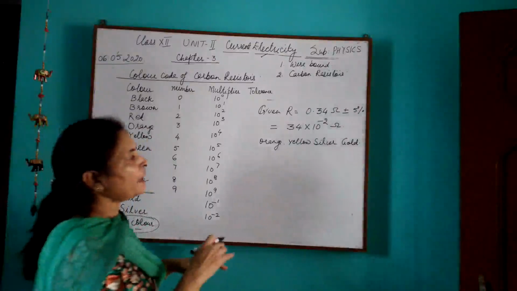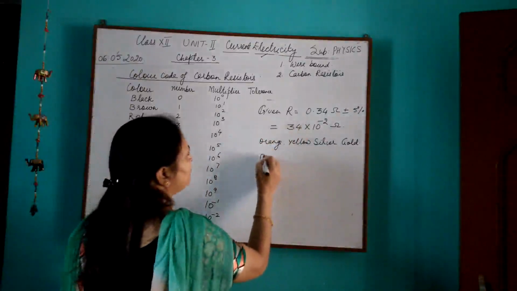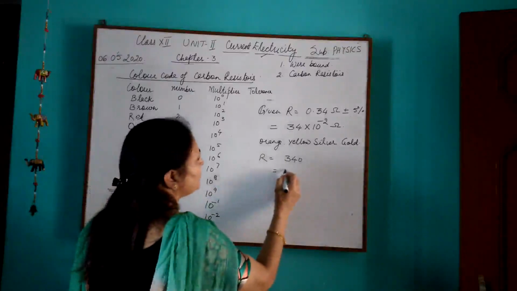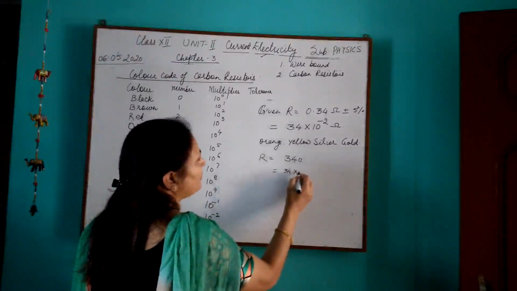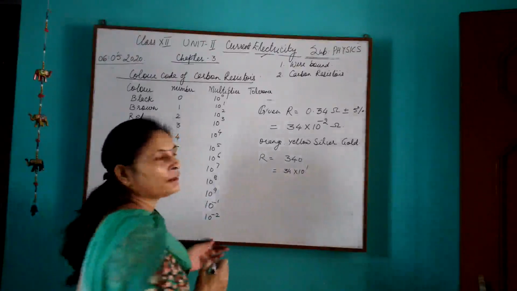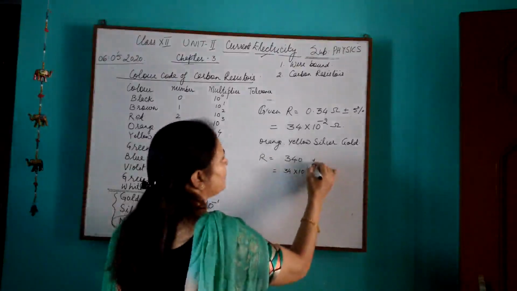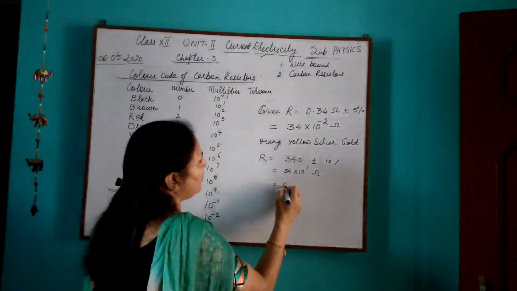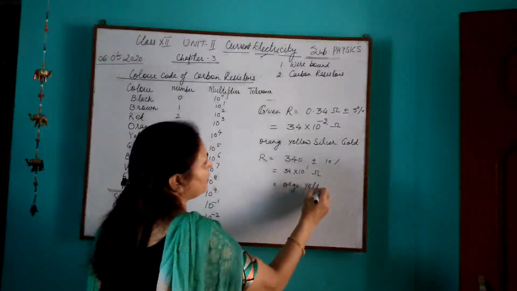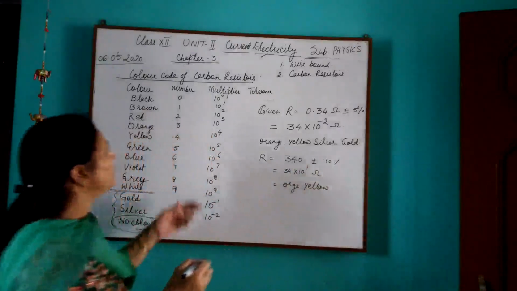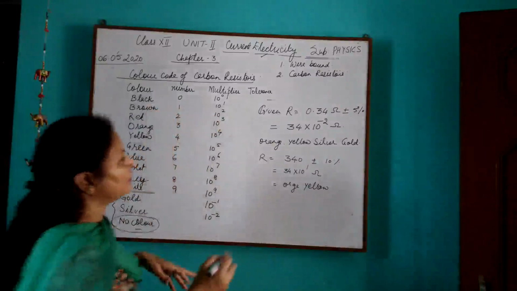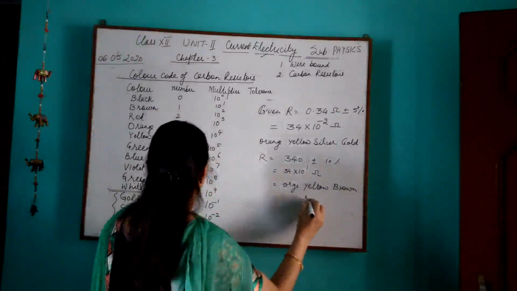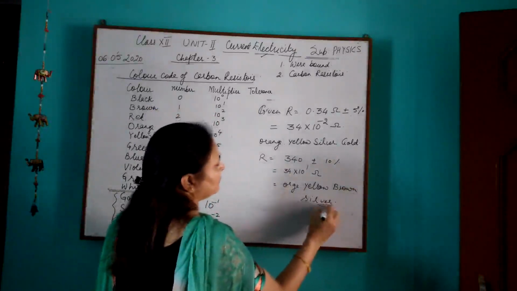Clear? In this manner, if you are given say 340, then this can be written as 34 into 10 to the power 1 ohm, say plus minus say 10%. So this is going to give me orange, yellow, and the multiplier 10 to the power 1, brown, and silver.